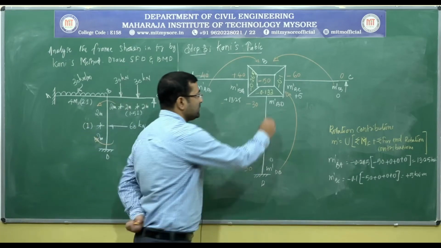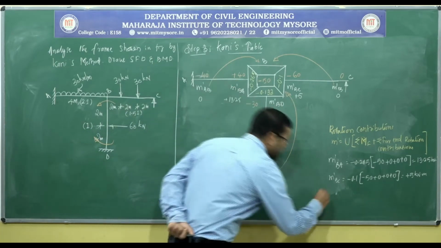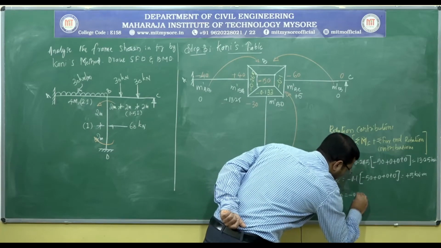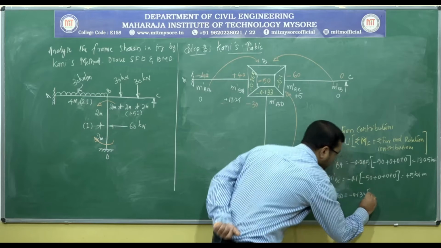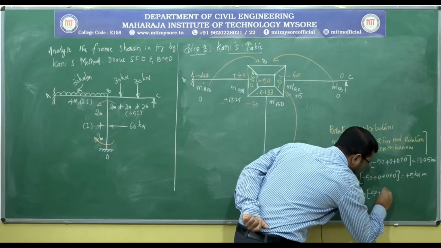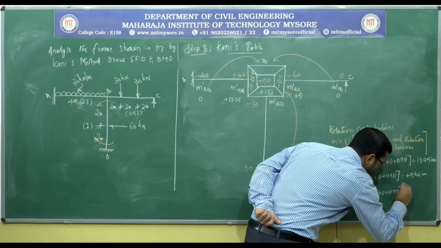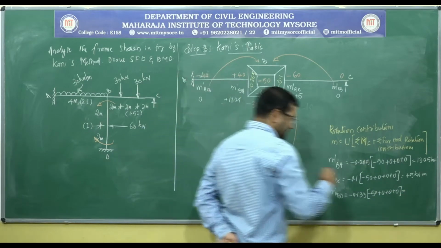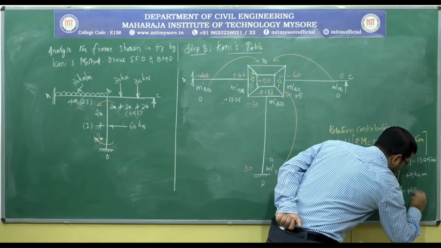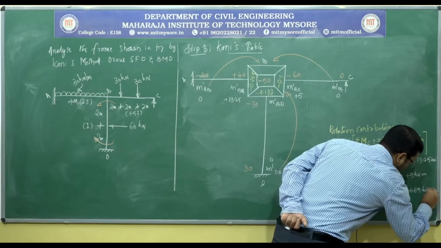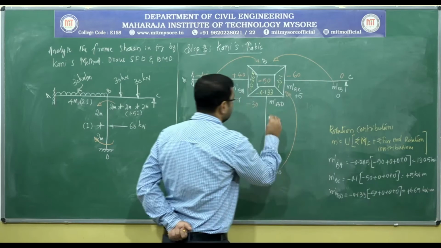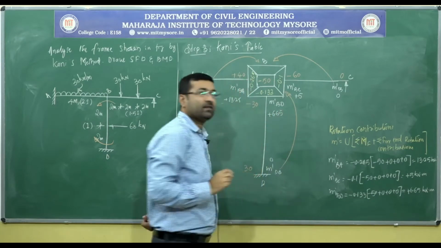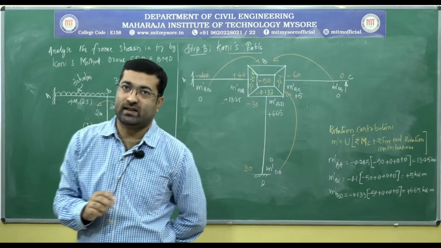And the last, M dash BD, is minus 0.133 into minus 50 plus 0 plus 0 plus 0. That gives you a value of 6.65 kilonewton meter. So here it is plus 6.65. Right? This is one cycle.